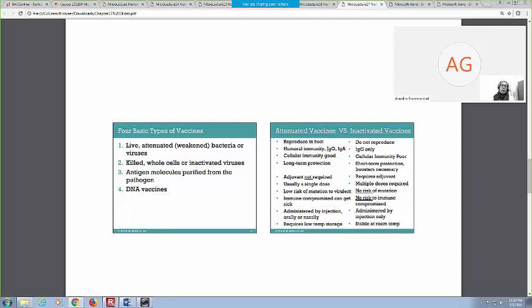The problem is the first time that you're exposed to a pathogen, you don't have that very specific antibody that recognizes that part of the pathogen that's not found on other pathogens.